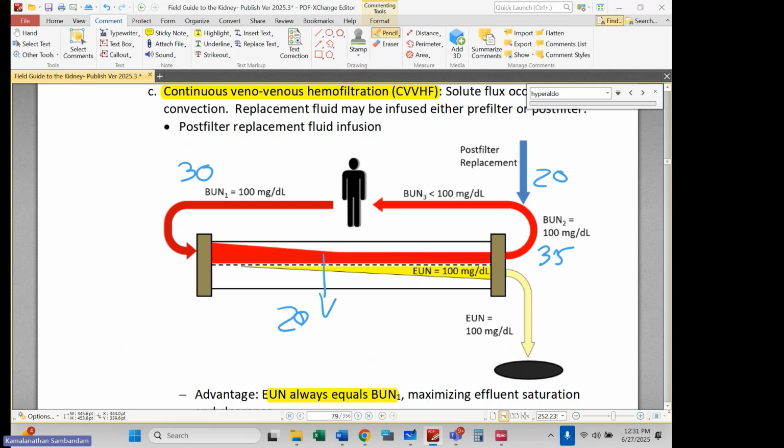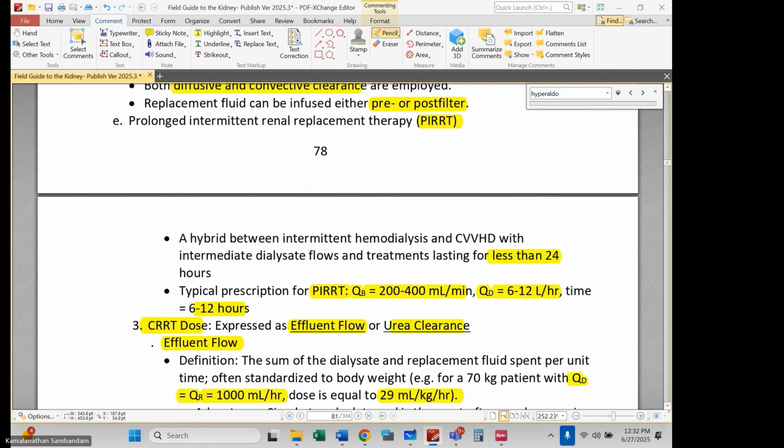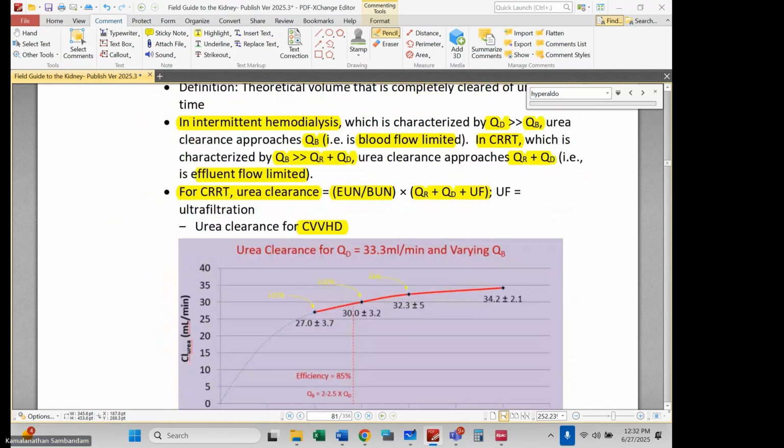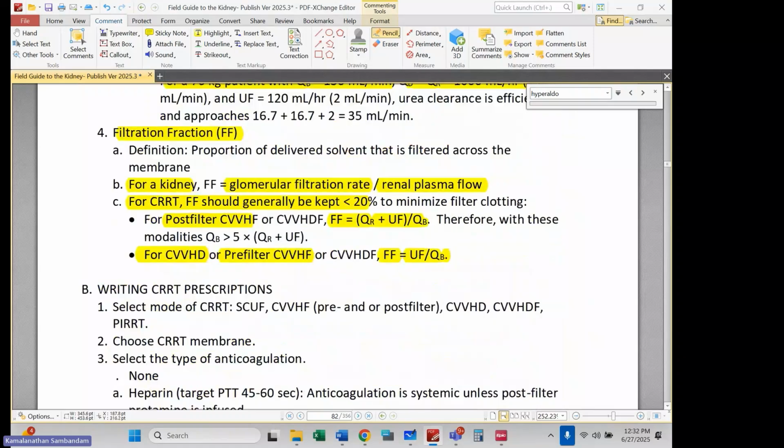So it makes sense to include this term in the calculation of filtration fraction, okay? Plus any additional, if I want an additional 2 mils per minute of ultrafiltration, that is going to be 120 mils per hour of fluid removal from your patient in the ICU, that should be included as a filtration fraction term. Okay. All right.